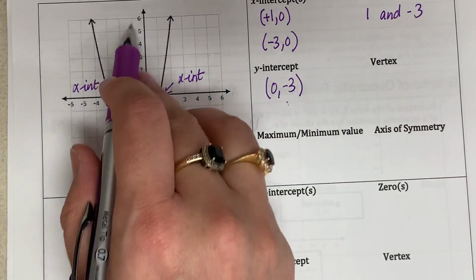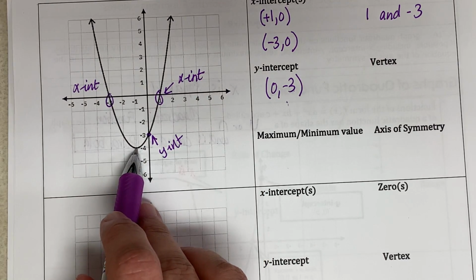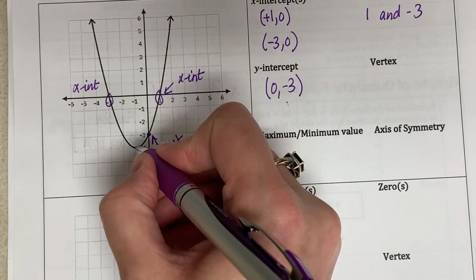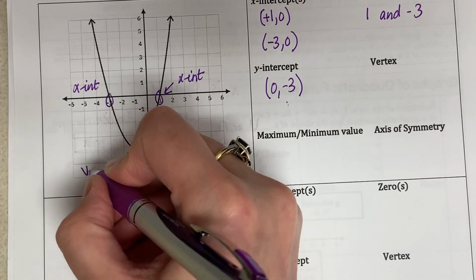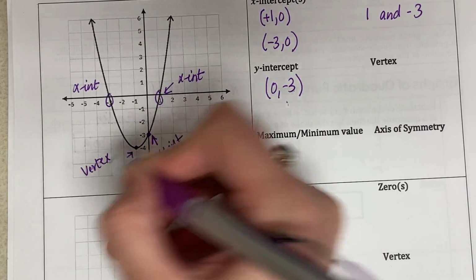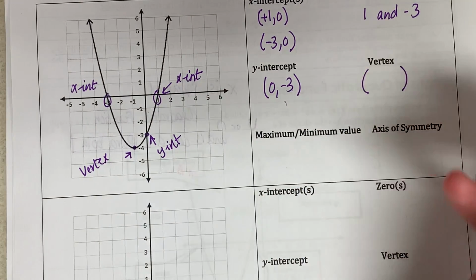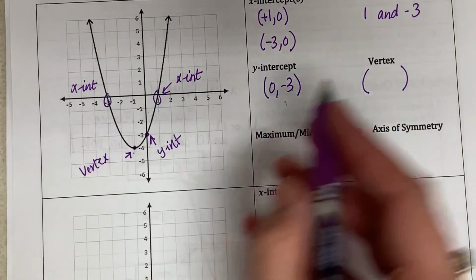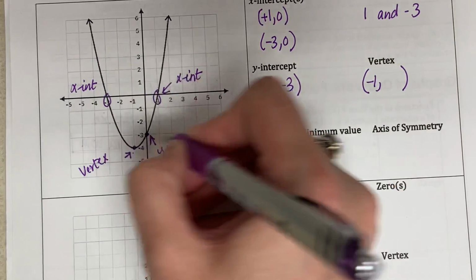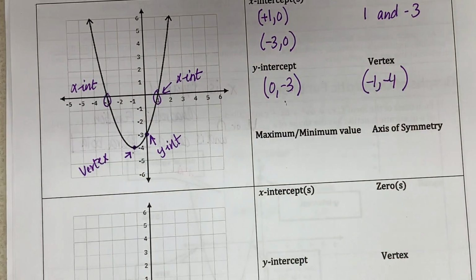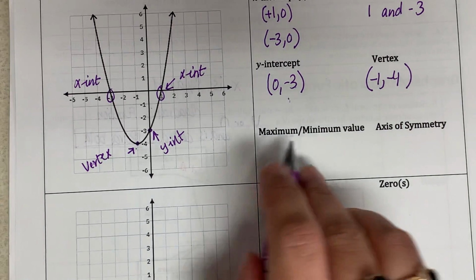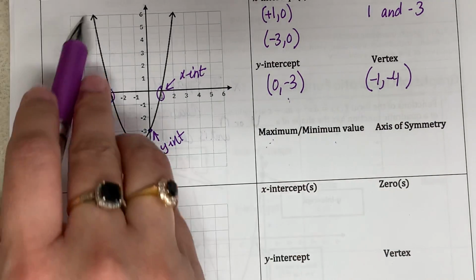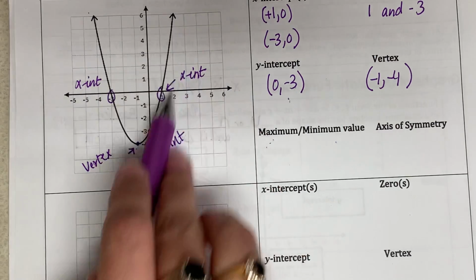The vertex is that point which is either the highest or the lowest. So this one is actually the vertex. And it is a point, so it's going to have both x and y values. So x over here is negative 1 and y over here is negative 4. All I'm doing is reading a graph. You just need to remember where these things are. Maximum or minimum? Let's look at the graph.